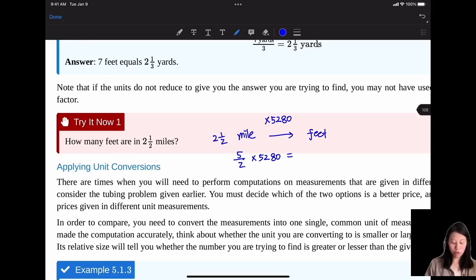You divide by 2 first, so you have 2,640, and then times 5. We have 13,200. So 2.5 miles is equal to 13,200 feet.